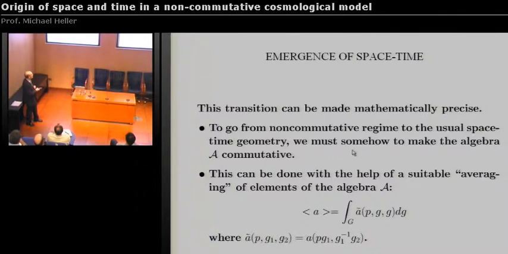I have some 5 minutes more, and I want to finish with something which I think is remarkable in that model. It's a sort of summary plus one new ingredient. Our non-commutative closed Friedmann world model is a toy model. We do not pretend that it is a correct one.